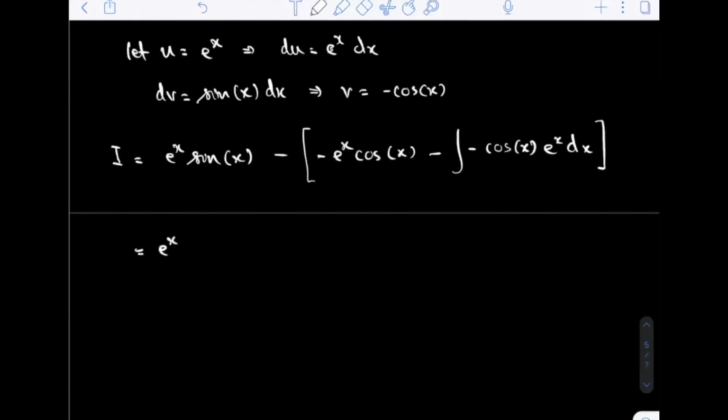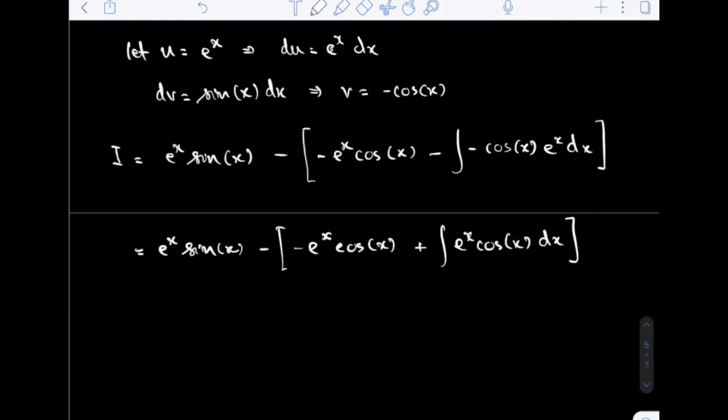So you have e to the x times sine of x. I'm going to simplify everything now. So still here, negative e to the x times cosine of x. The negative here with the negative here become positive, a positive integral of e to the x times cosine of x dx.